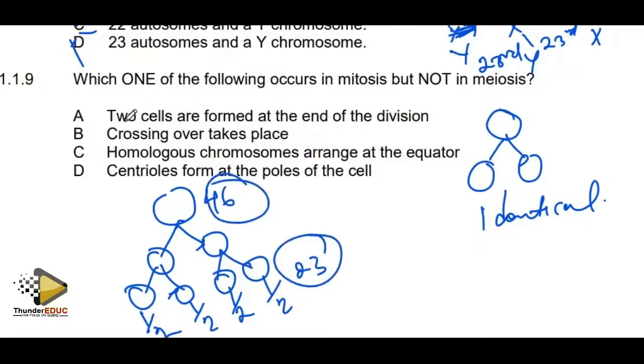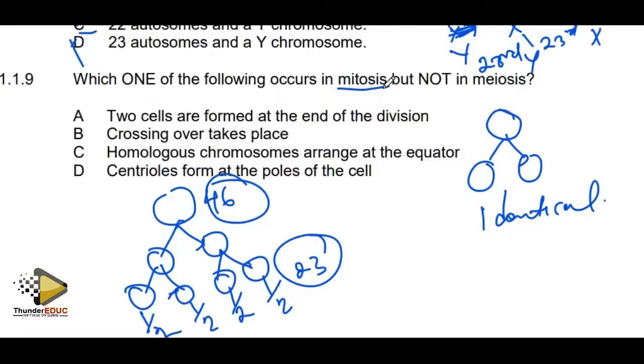So now what happens here in the question? They're saying which one of the following occurs in mitosis. We are comparing mitosis over meiosis. It means that the first statement must belong to mitosis. The second statement must belong to meiosis.